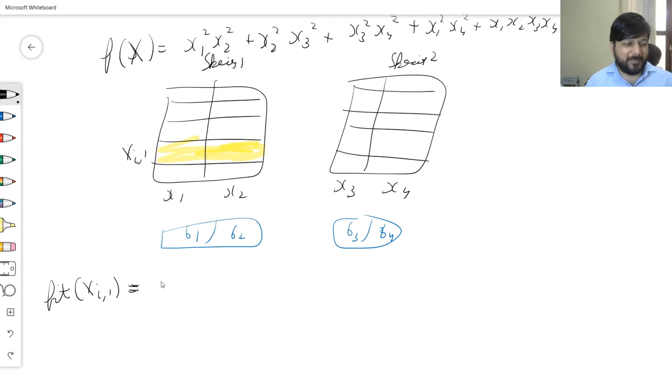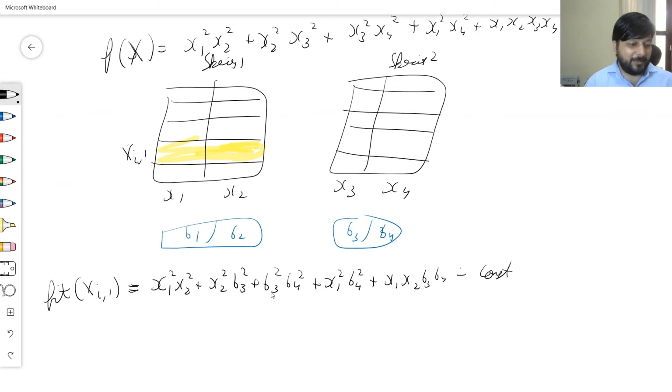anything which is constant I will not write down. So x1 square, x2 square, x2 square, b3 square, x3 is b3, b4 square, that becomes a constant, x1 square, b4 square, x1, x2, b3, b4 plus a constant minus a constant, and this one is a constant, so it doesn't matter.